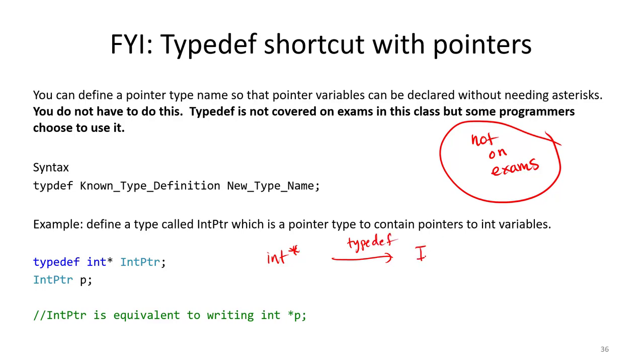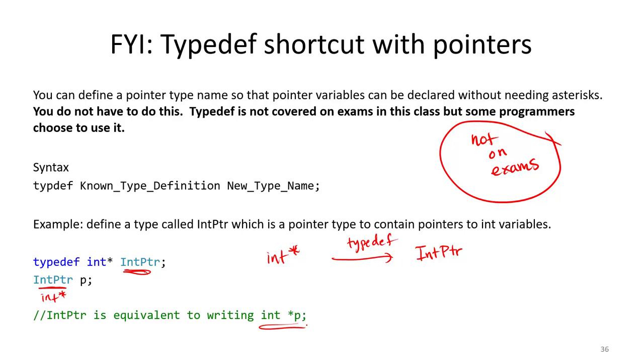In this case, I called it int ptr. And so now whenever I write the word int ptr, that is the same as writing int star. So some programmers like to use typedefs because they can save themselves some asterisks and other code. It's not absolutely required. It's more of a style choice.